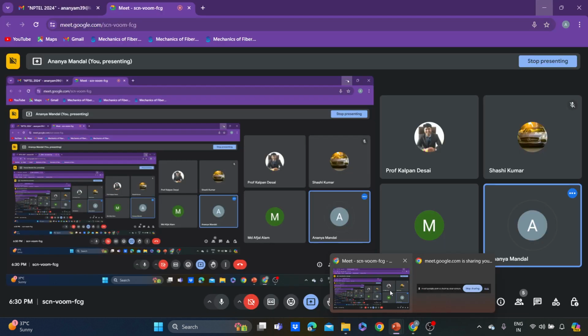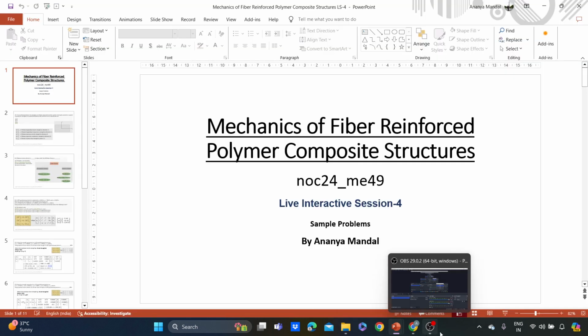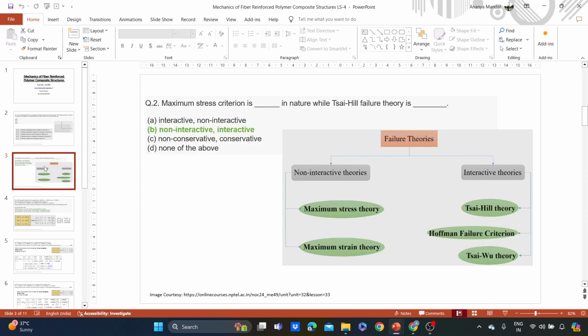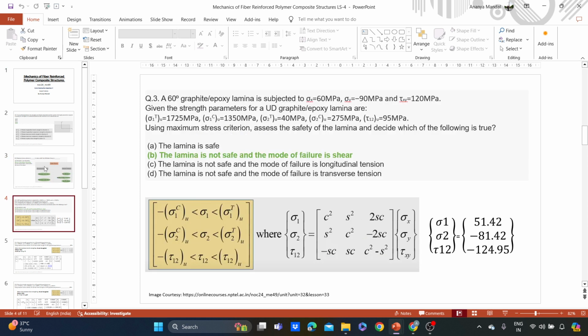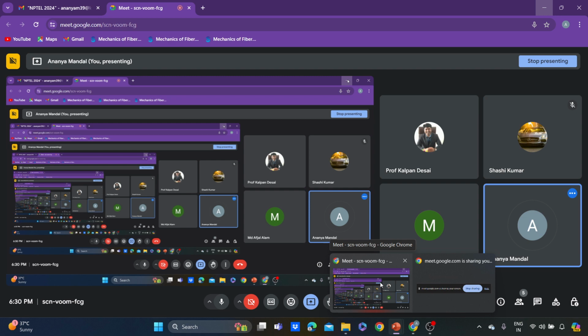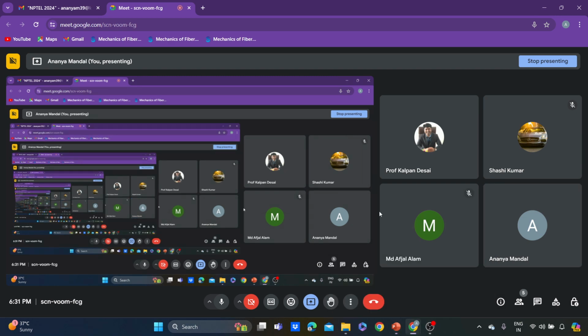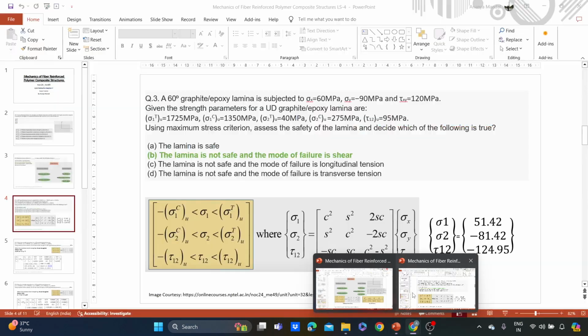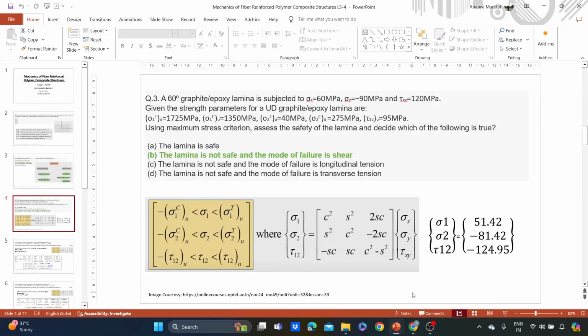Which one, week 3 or 4? Week 4, question number 3. This one? Is this the question? Yes, ma'am. So what is the doubt in this one?